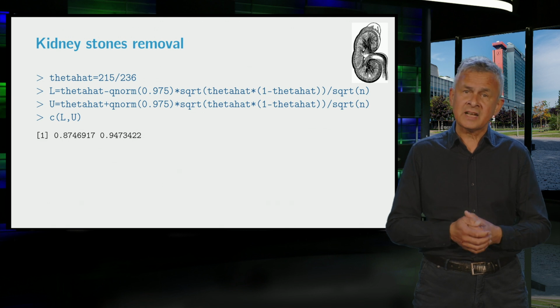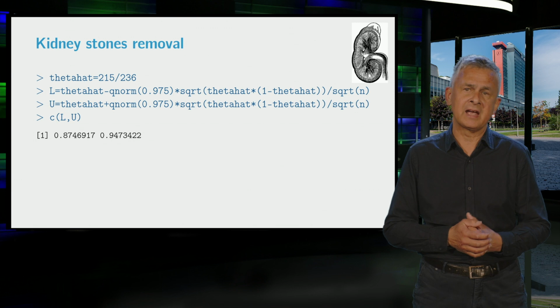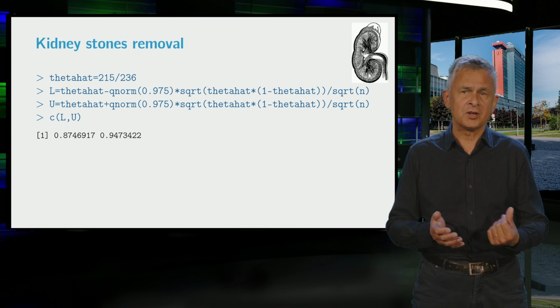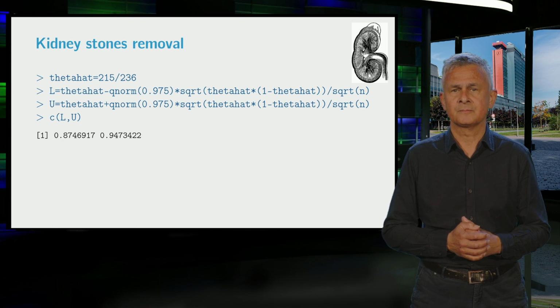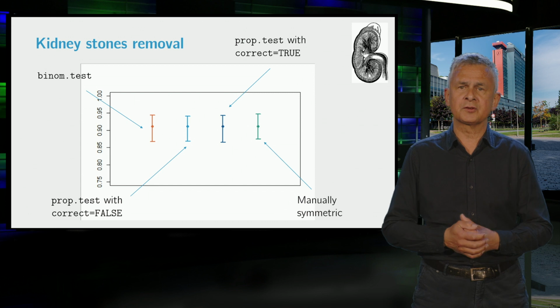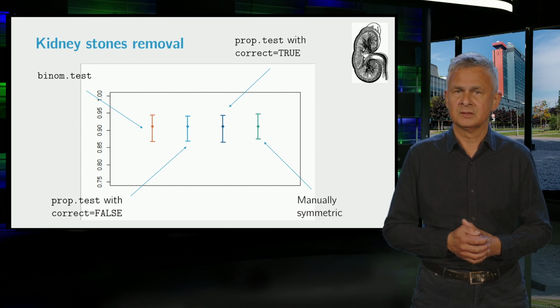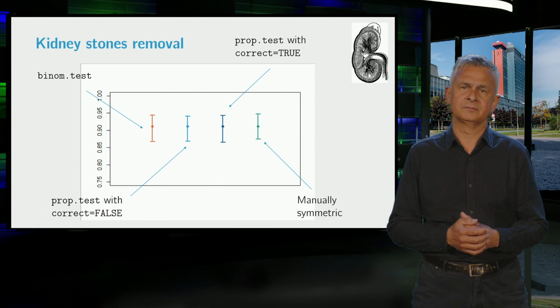Finally, the second symmetric interval we discussed can easily be made by hand. And here's the R code for this and the resulting interval. Now let me finish with a figure that contains the four different confidence intervals. They differ somewhat in terms of symmetry and length.